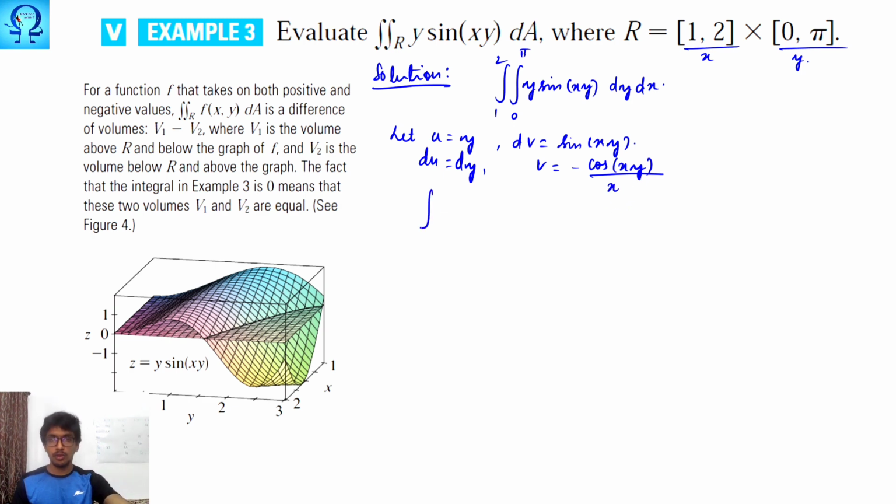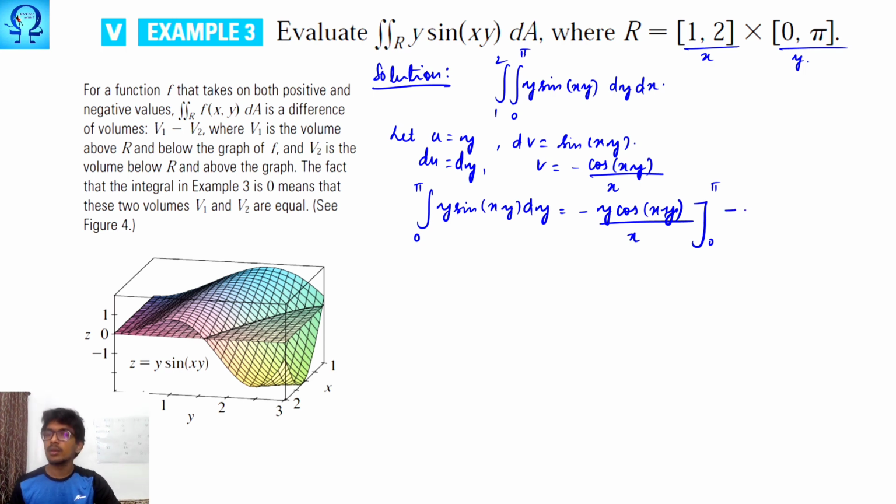So the integral 0 to pi of y sin xy dy is written as uv, that is minus y cos xy upon x over the limit 0 to pi, minus integral of v du. Minus minus becomes plus, v is cos xy upon x, over the limit 0 to pi, and then dy.